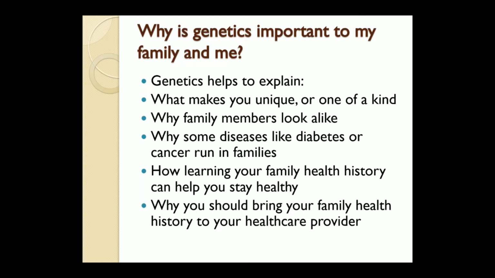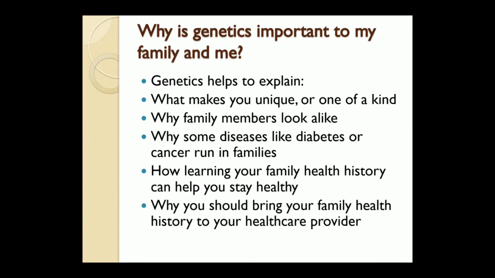Now we all know that cancer and diabetes, both of these severe diseases, have a role of genetic predisposition. So genetics has a role in the development of these kinds of diseases.